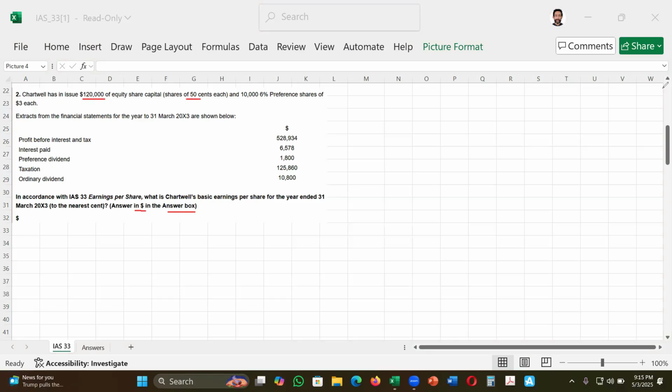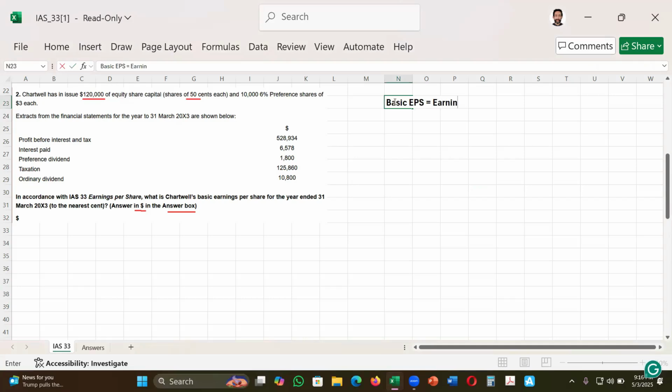Before we move any further, let me just show you the formula for the EPS. Okay, so the basic EPS is going to be your earnings for the ordinary shareholders divided by the number of shares.